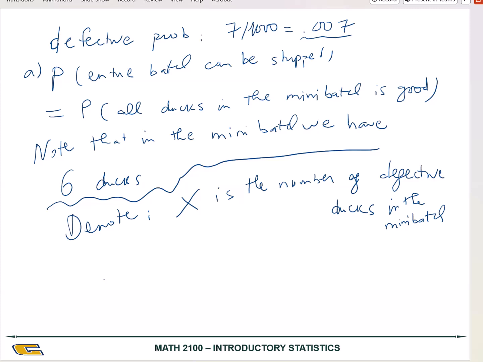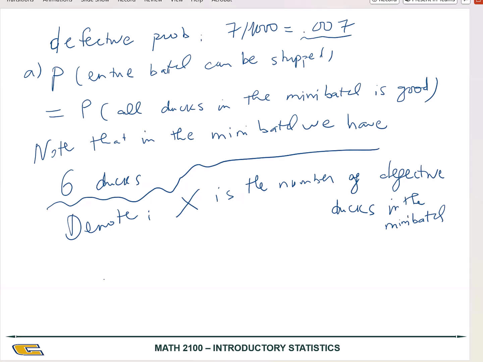The rule of thumb is that if the sample size is less than 5% of the population size, the independence of events and the fixed probability of success for each trial will be met. It's reasonable to assume that, okay?